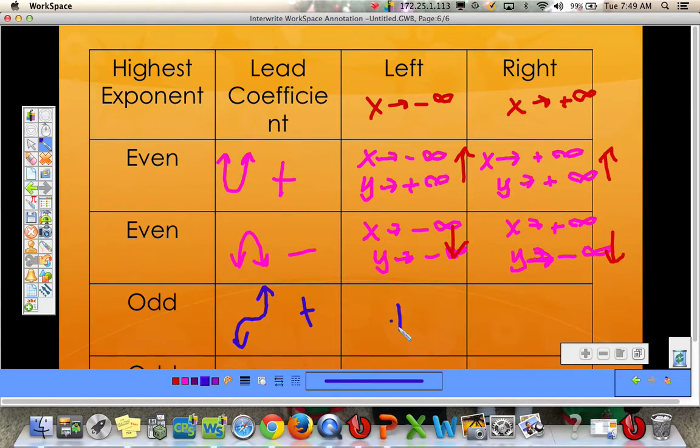As you go to the left, it's down, and to the right it goes up. And for an odd function, if the lead coefficient's negative, it starts up and it goes down. So this would be up, this would be down. This table will help you today with your assignment where I ask you the behavior of an even or an odd function given the lead coefficient. You should be able to tell me if it's going up or down for the end behavior.